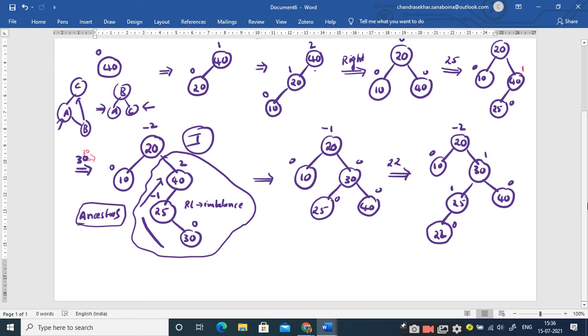Now what type of solution are you going to give? So the imbalance is at this node. So is it the single rotation or double rotation you are going to perform? Any idea?